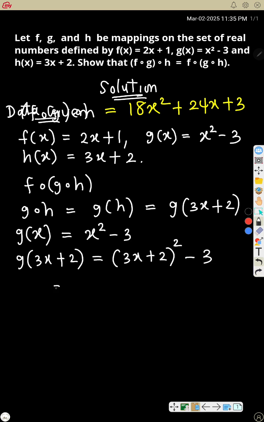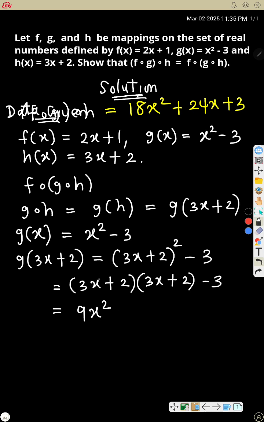So expand. We have 3s plus 2 times 3s plus 2, minus 3. This will be 3s times 3s, that is 9s squared. Again 3s times 2, that's plus 6s. Plus 2 times 3s, that is plus 6s.